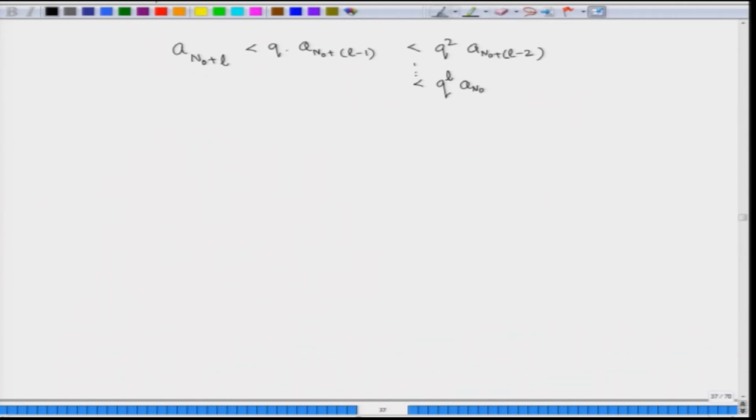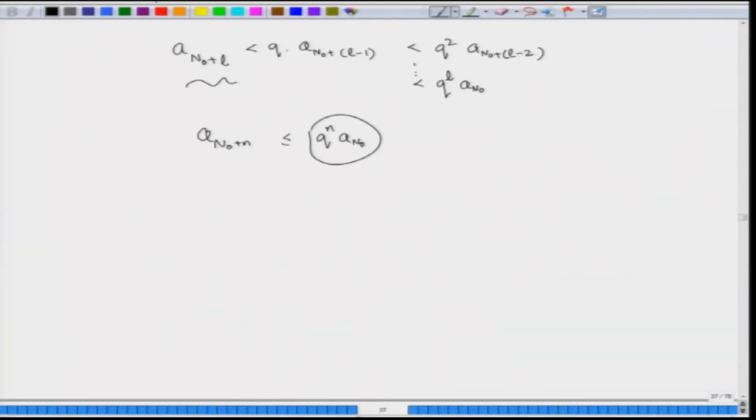So, now in our series we can write that a_{n0+n} is less than or equal to q^n a_{n0}. Now, we are interested in the summation over n. Look at the right hand side: q is strictly less than 1 and this is a real number not dependent on n.